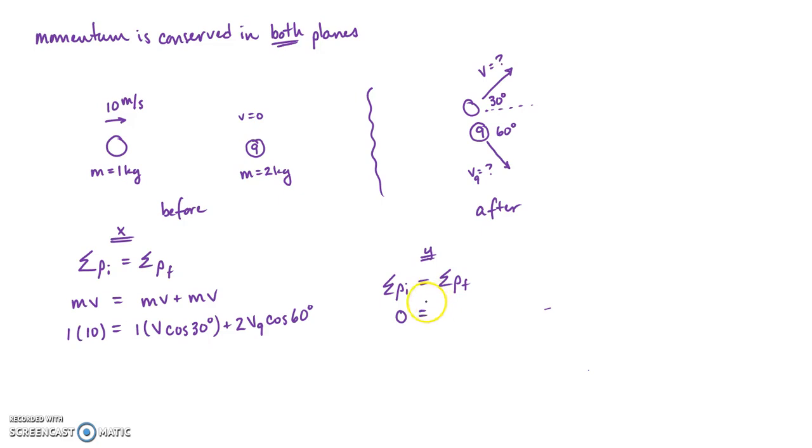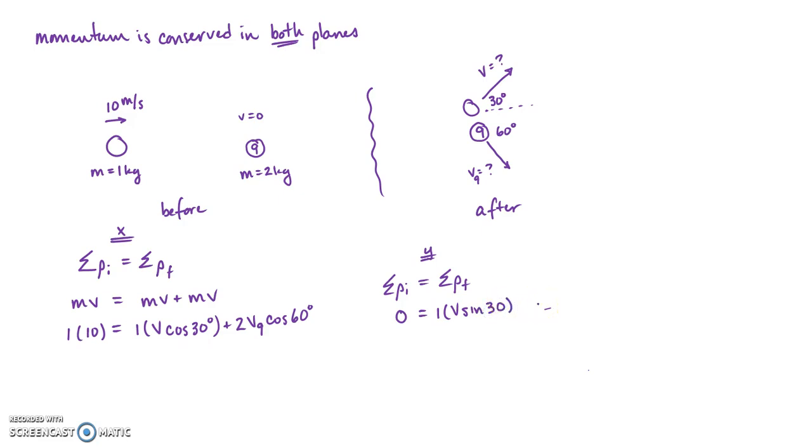So we have the same thing. We've got mv plus mv. So I'm just going to kind of cut to the chase here. So we've got this guy, his mass is 1. And then his velocity is v sine of 30. All right.